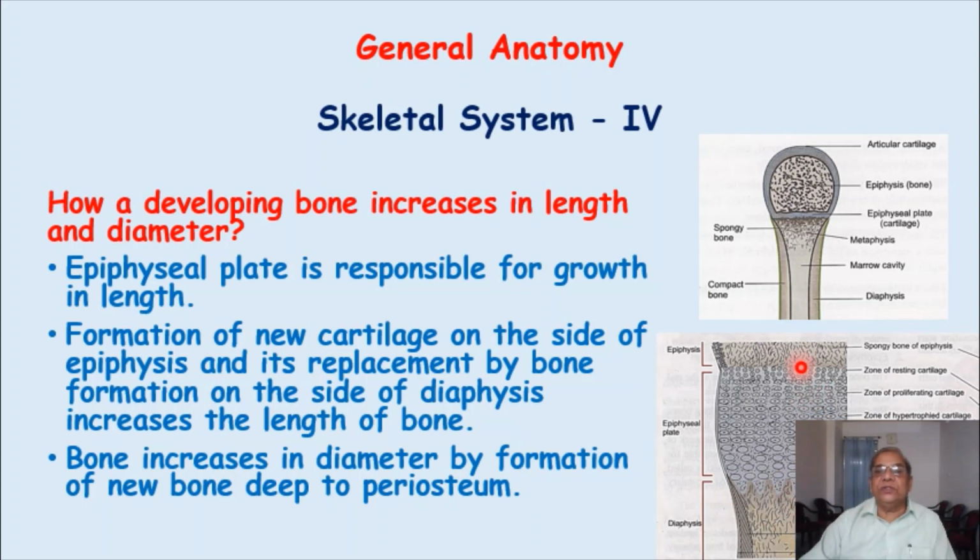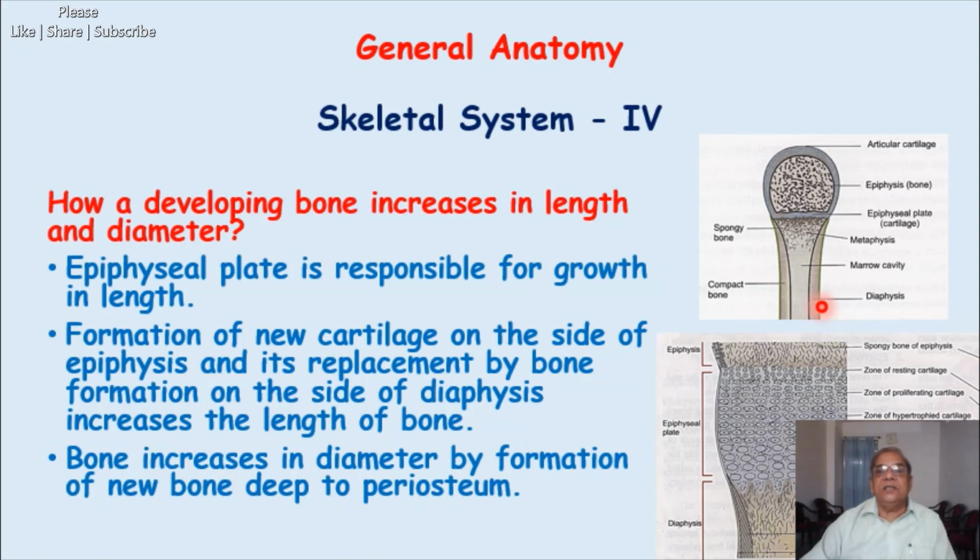The growth takes place on the epiphyseal side, and the cartilage is ultimately replaced by bone on the metaphyseal side. In this way, the length of the bone grows at both ends, the upper end of the long bone as well as the lower end.